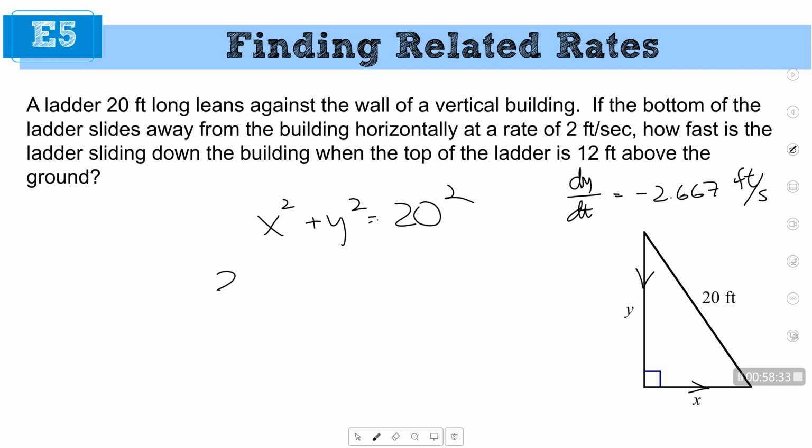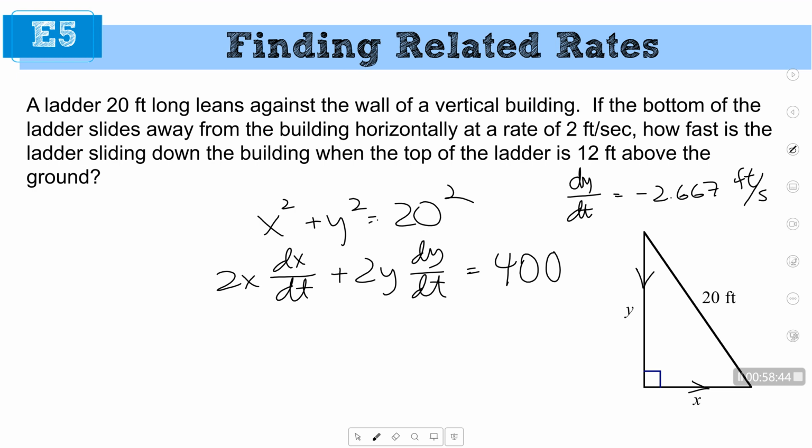A number of you made the following mistake. What did I do wrong? The derivative of a constant is 0.